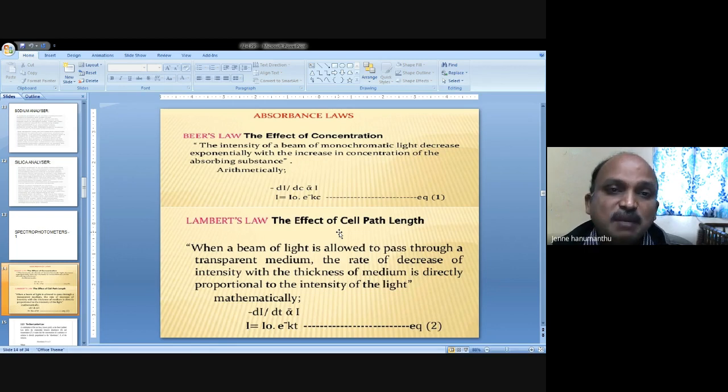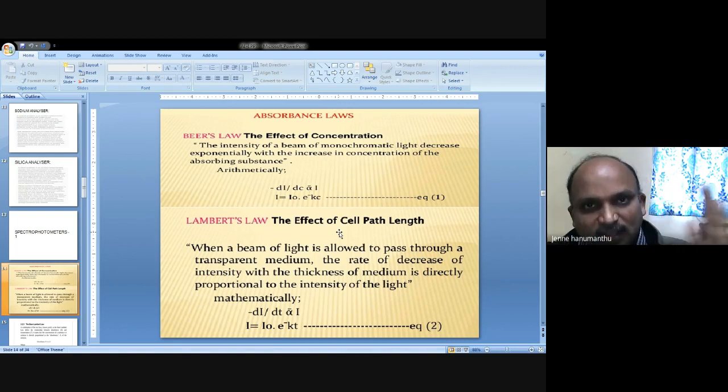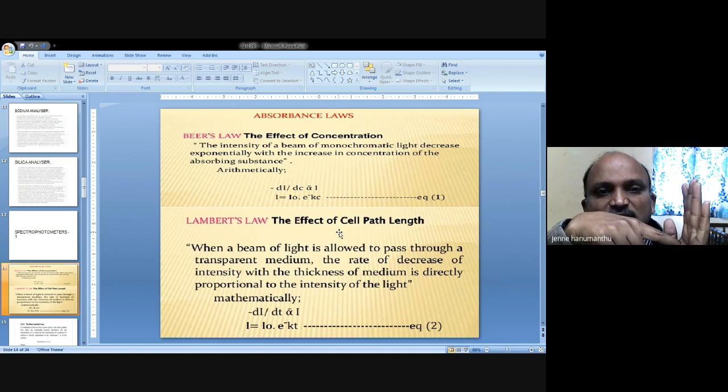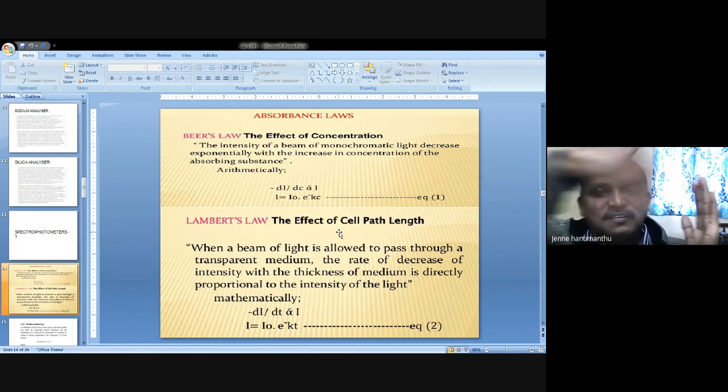The container may be of different sizes. When the light falls, it travels through the sample for a certain length, or a longer length. That is called path length.